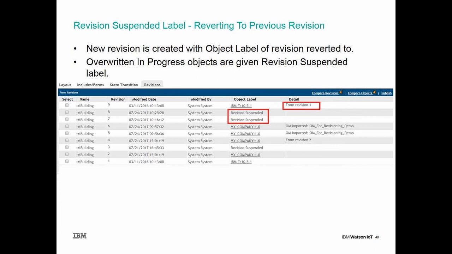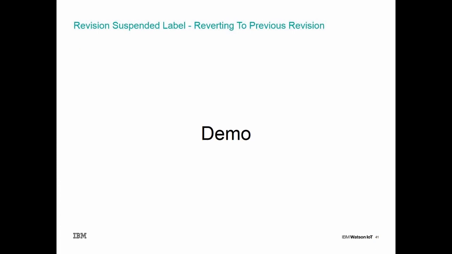But since revision 1 overwrote what was in progress, revision 8 and revision 7 flipped to have the revision suspended label. And now I will show you a demo of this new revision suspended label when reverting to previous revisions.